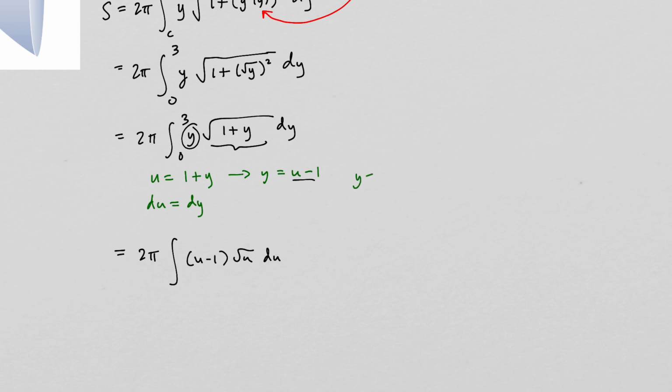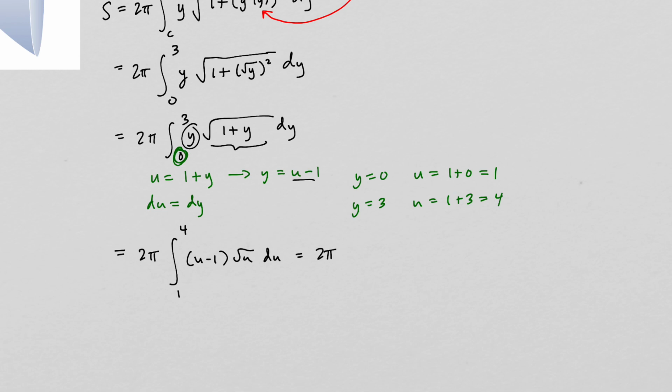Also, when y is 0, the lower limit here, u is going to be 1 plus 0, which is 1. And when y equals 3, u is going to be 1 plus 3, which is equal to 4. So our new limits of integration are from 1 to 4.